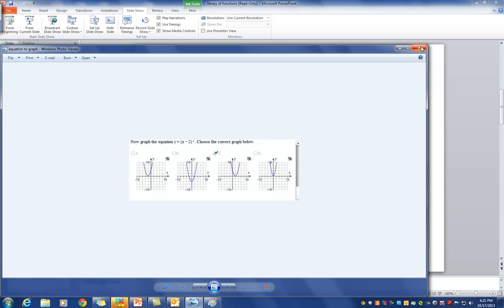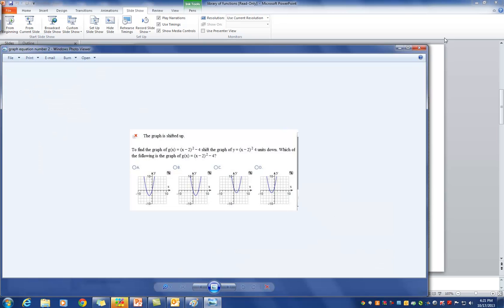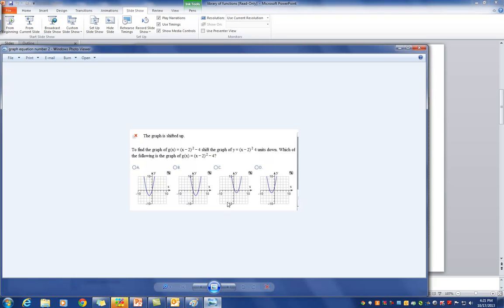Now let's look at your second question. Also has to do with the parabola. So our base function is still again this y equals x squared. But what are we going to do to it? Well, we have a change in the input as well as a change in the output. This change in the input says take the original graph and slide it 2 units to the right.